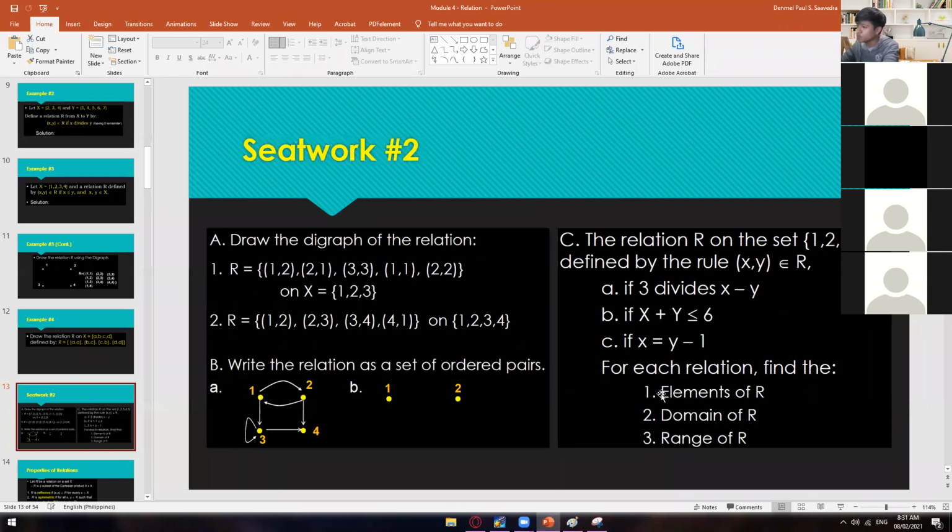You have to identify the elements of R of this letter A, then the domain of R, and then the range of R. So do not just get the ordered pairs. Get the elements, then the domain, and then the range. The same with B and C.